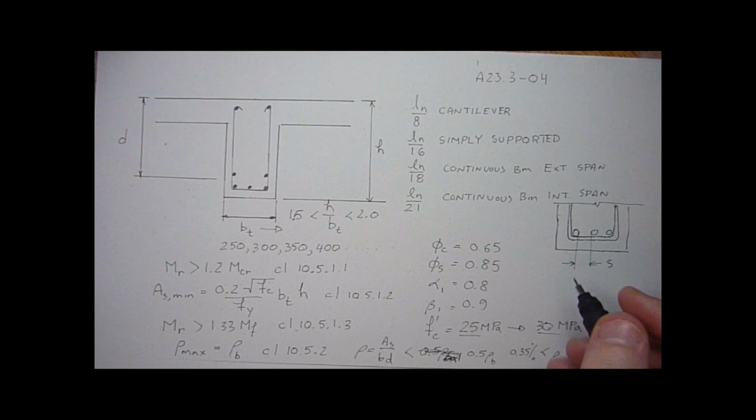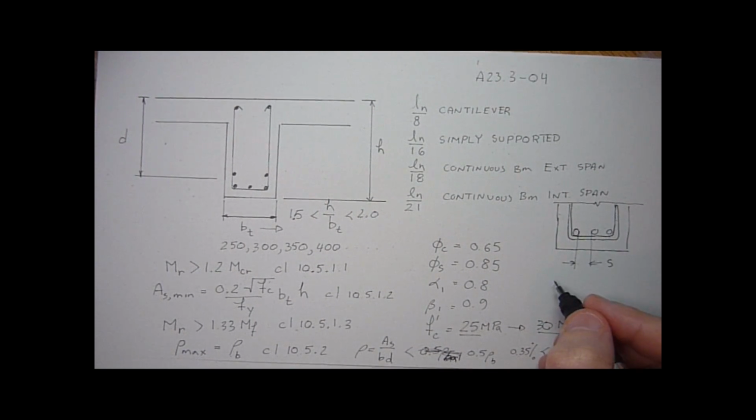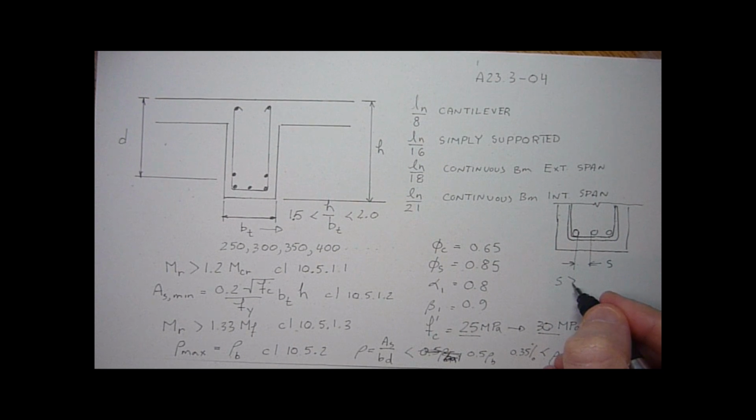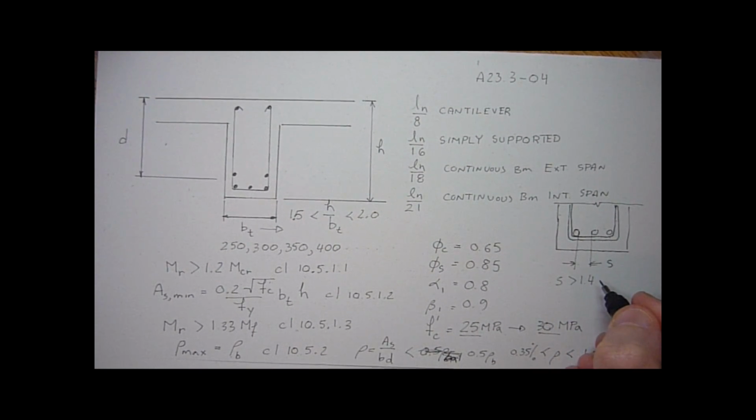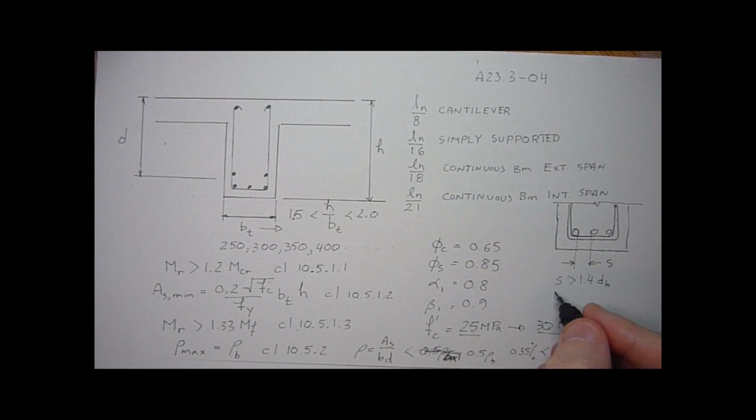The code says s should be greater than 1.4 times the diameter of the bar to get concrete to work around it, and s should also be greater than 30 millimeters.